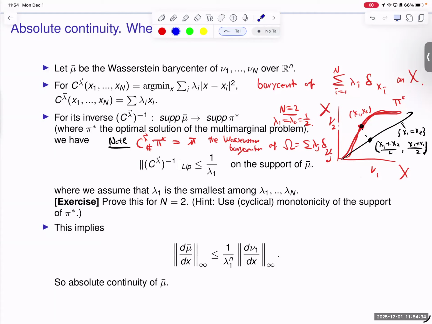When we restrict to the support of pi, then this C lambda is injective. Okay, so you got confused because of this notation, right? Yeah, okay, I see what you mean. You are right. Okay, sorry, I take that back. This inverse makes sense only when considering this. Sorry about that, you're right.